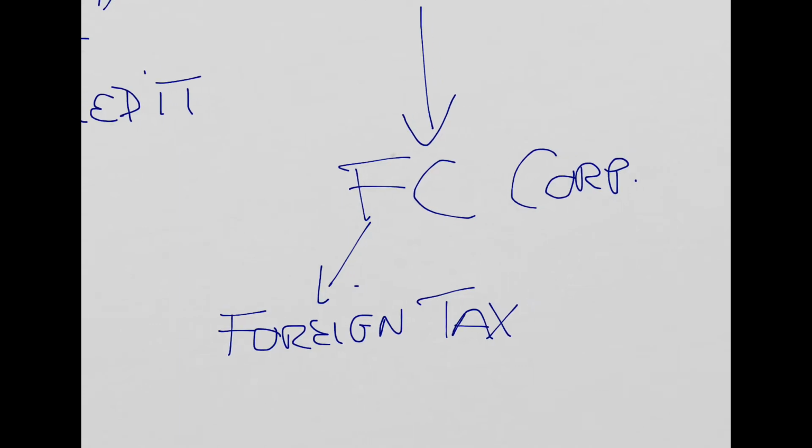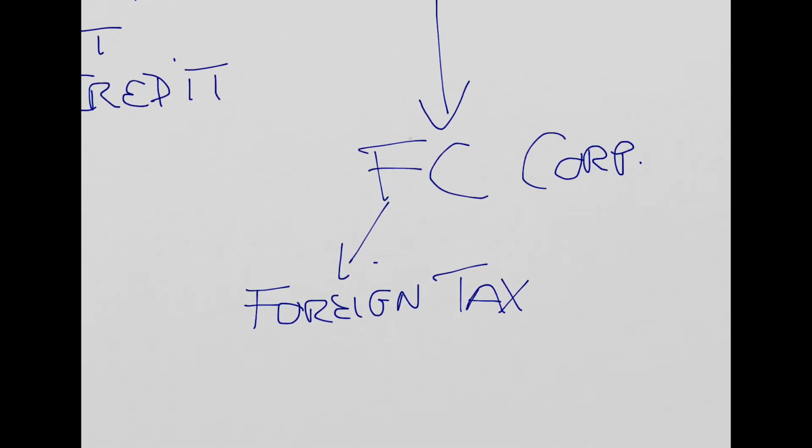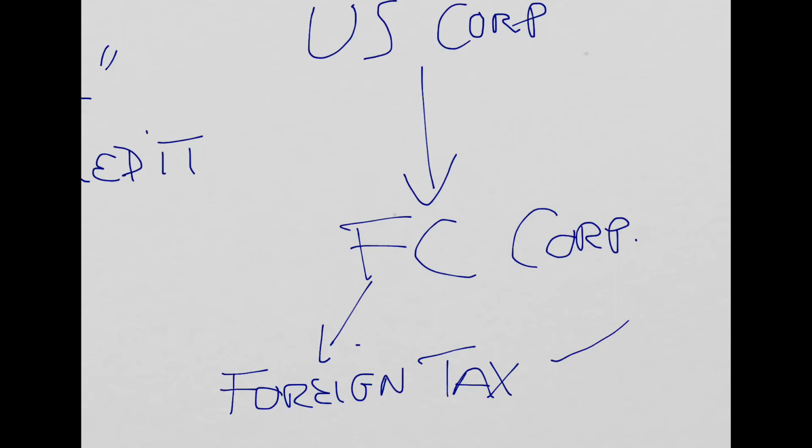And then at some point in time, they'll want to repatriate those earnings back to the U.S. And when they do so, they'll be subject to, of course, a dividend tax at that point.